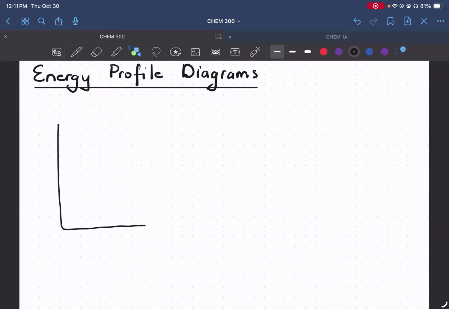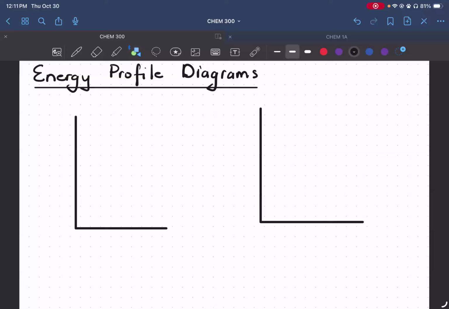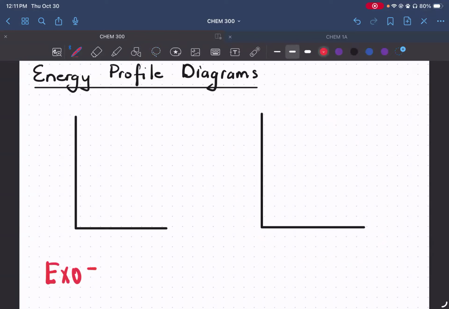We're going to go ahead and actually draw 2 graphs. I'm going to give you time to draw it yourself, and then I'll label the X and Y axes. We're drawing 2 graphs. On the left-hand side, we will be drawing the exothermic graph. On the right-hand side, we will draw the endothermic graph.